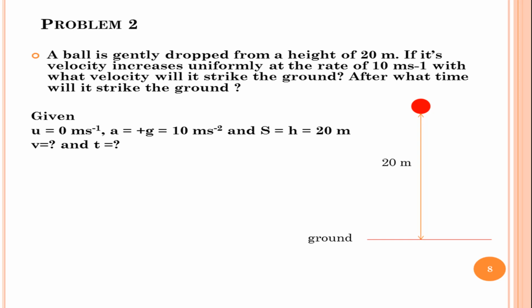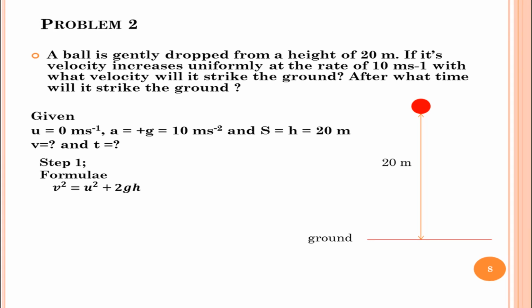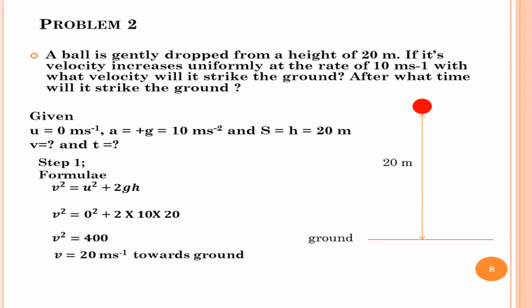We need to solve it in two steps. Step number 1, I will use the relation v square is equal to u square plus 2as. In this case, replace a by plus g and s by the height h. Then the equation is converted into v square is equal to u square plus 2gh.